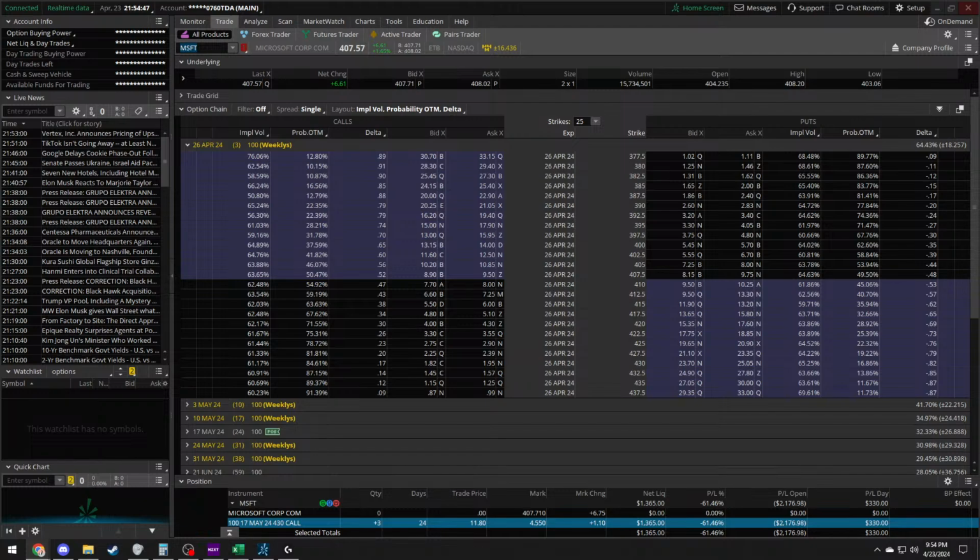Yeah, I was scalping a little bit. I stopped doing that. Lost a little bit of money, and I was like, you know what? Let's not do that anymore. I started to remember why I stopped scalping many years ago.